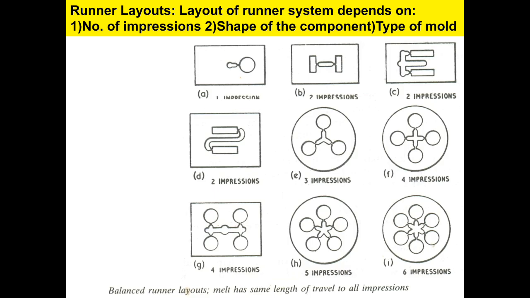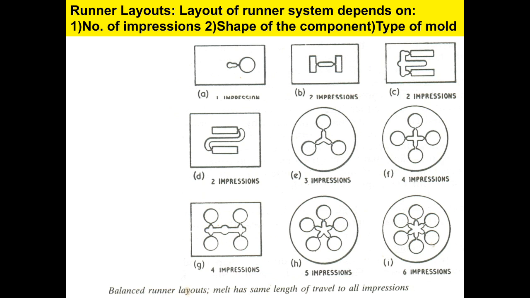Then runner layout. The layout of the runner system depends on the number of impressions. As you know, you have calculated the optimum number of impressions. The number of impressions may be 1, that is single impression mode, or more than 1, maybe 2, maybe 3, maybe 4, maybe 10. So the runner layout also depends on the number of impressions.